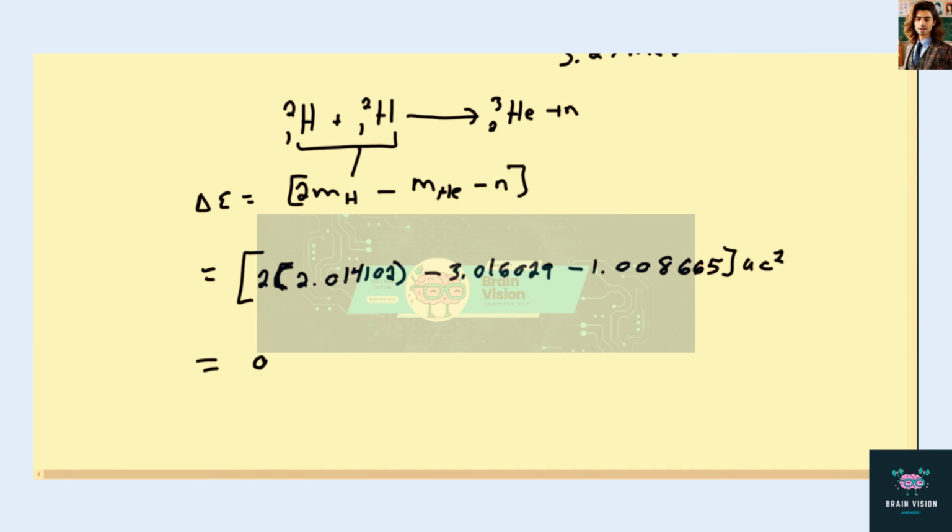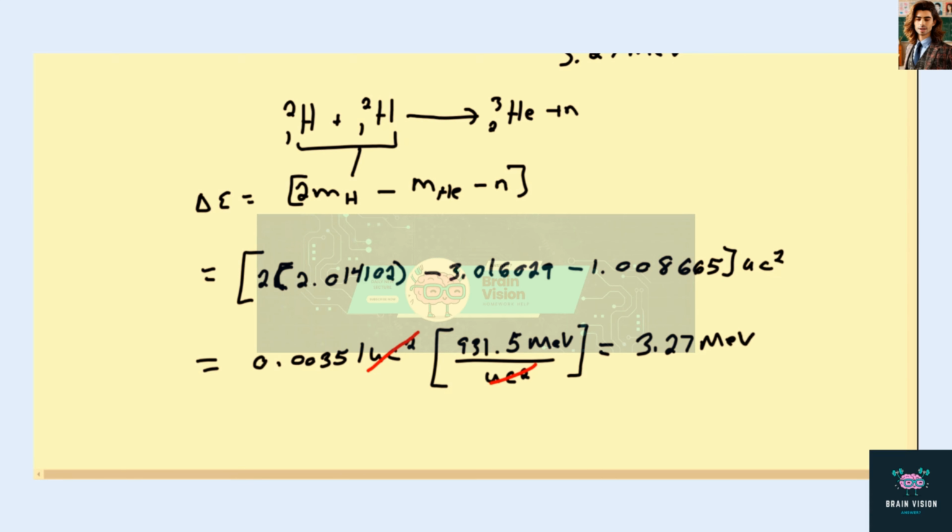And so it's going to be 0.00351 u C squared times 931.5 MeV over u C squared. Okay, and what we can do is cross this out because we don't need those units, and the units cancel, and we end up with 3.27 MeV. So that means we proved it. So thank you guys.